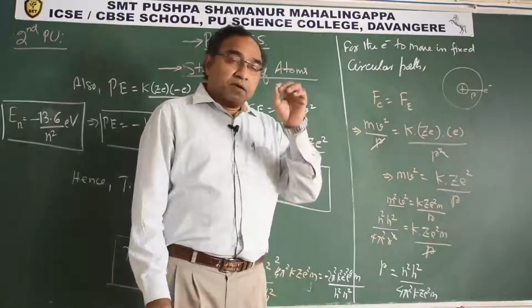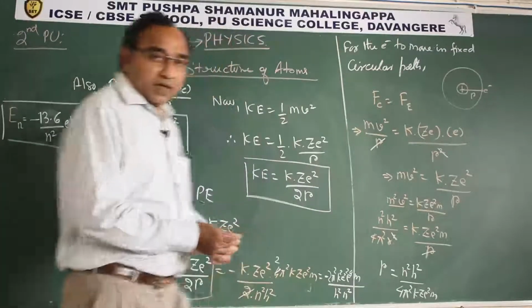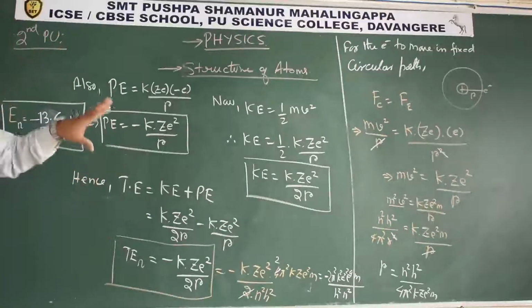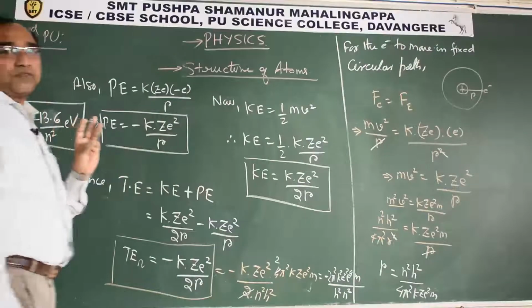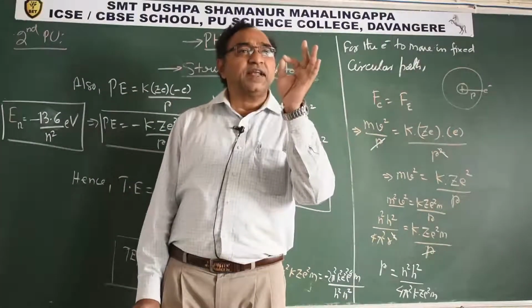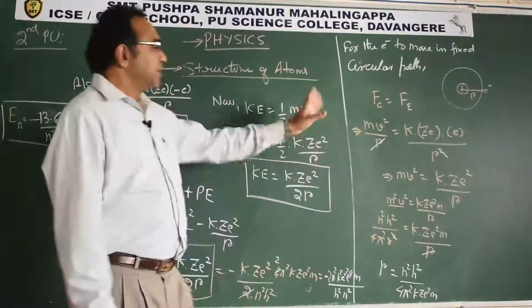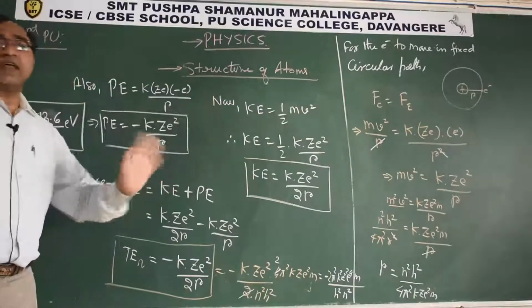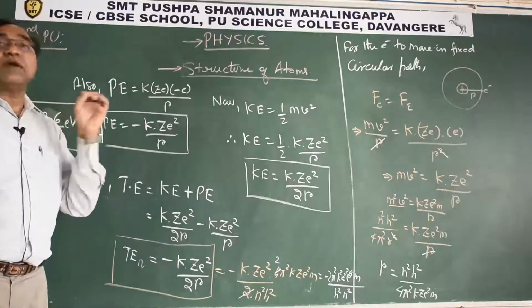When we talk of the drawbacks of Bohr's theory, see students, observe, in Bohr's theory, every parameter, you talk of radius, velocity, momentum, kinetic energy, potential energy, total energy, everything is an equation from the theory only. There is nowhere any, even remote, chance of verifying this.